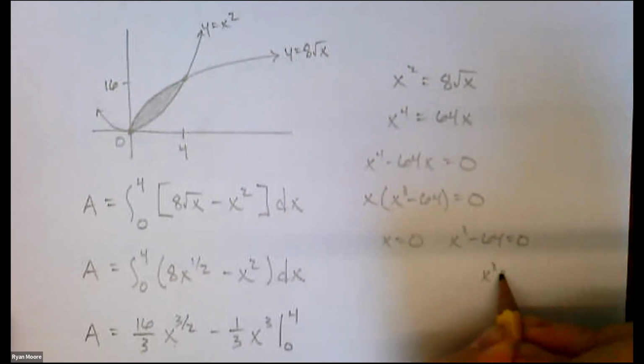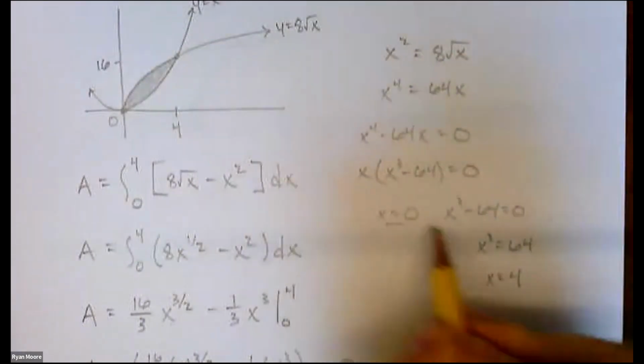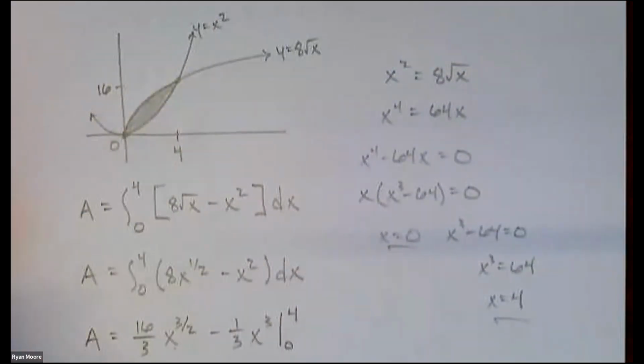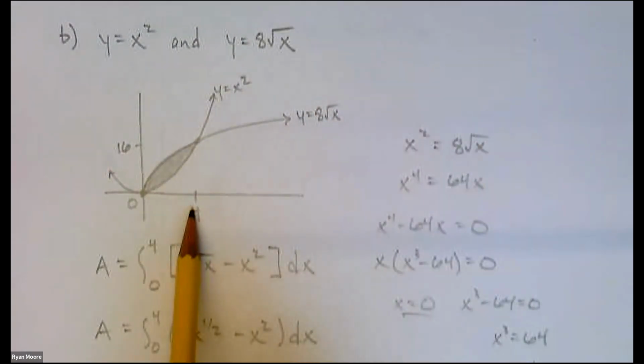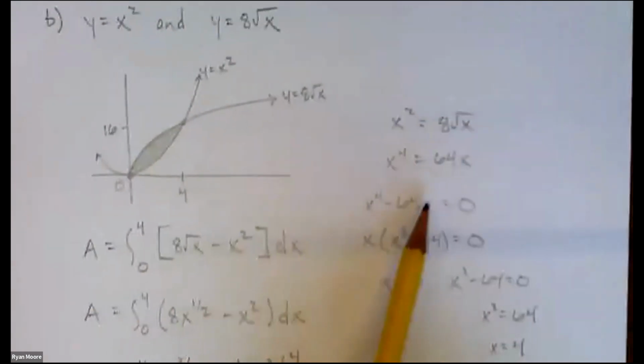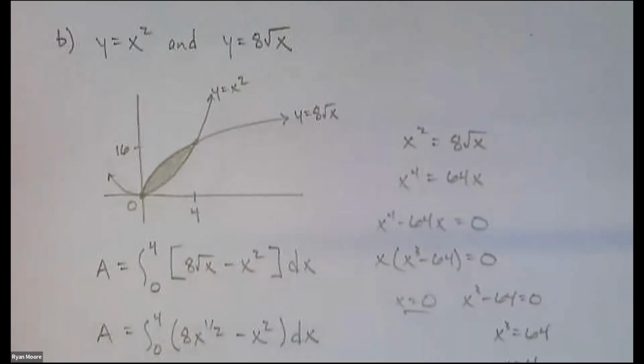You could do it right here. X would equal 4. So you'd have both your points of intersection. If it comes down to it and you just want to confirm you've got the right position, you could always look to solve. Sometimes that's going to be easier to do than others.